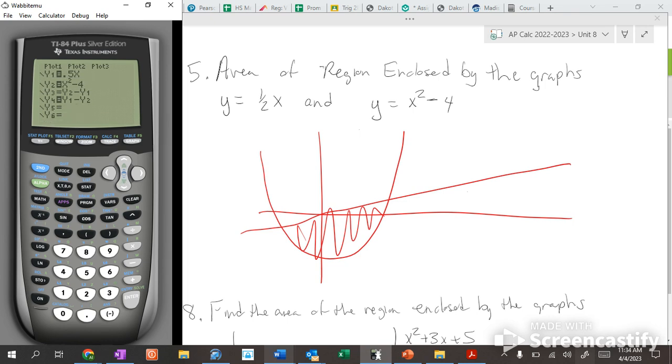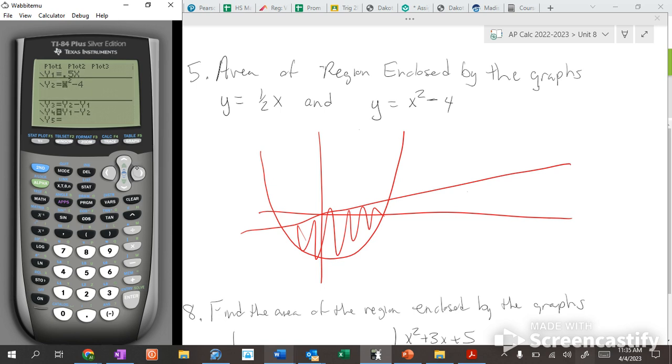And which one should I have on top? Yeah, it does matter. Is the 1/2 x on top or the x squared minus 4 on top? The straight line, which is 1/2 x. So it should be y1 minus y2 when I do this.